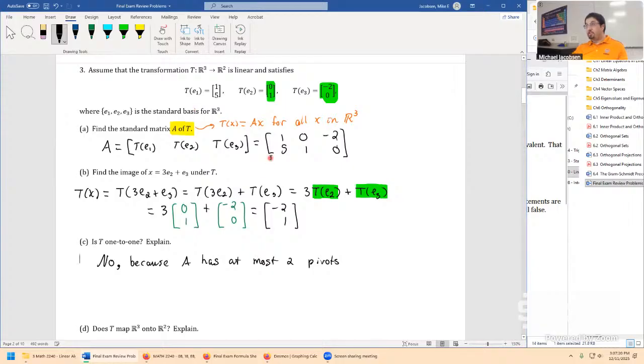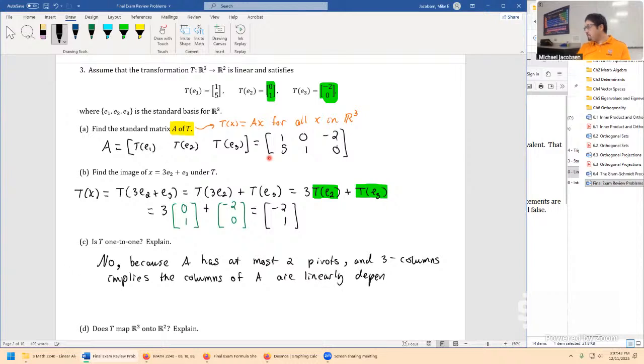If it's a 2x3 matrix, 2 pivots are the most we could ever generate. And 3 columns implies the columns of A are linearly dependent.